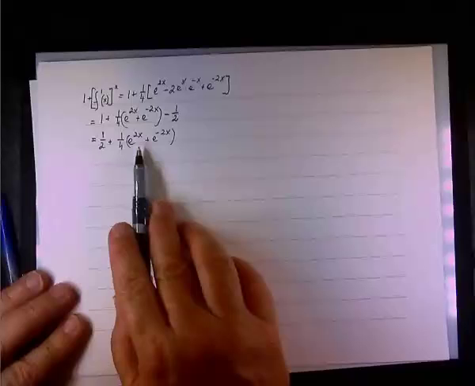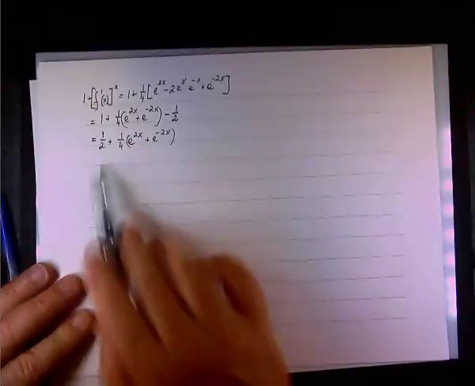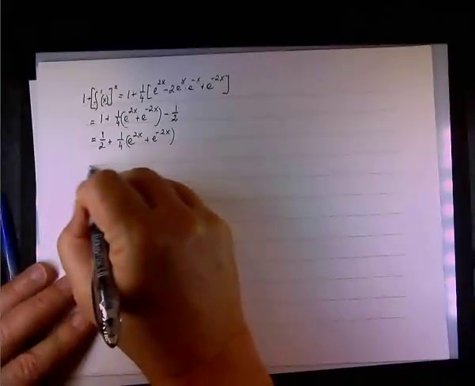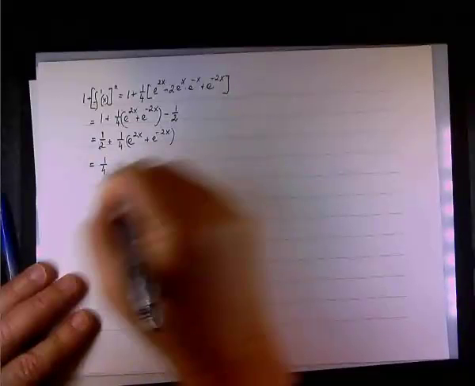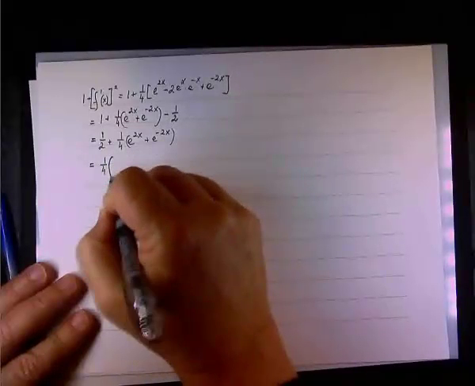1 minus 1/2 will be 1/2 plus 1/4 (e to the 2x plus e to the negative 2x). And here I'm going to show you a trick. I want to include 1/2 inside this expression. So 1/2 is 2 over 4.